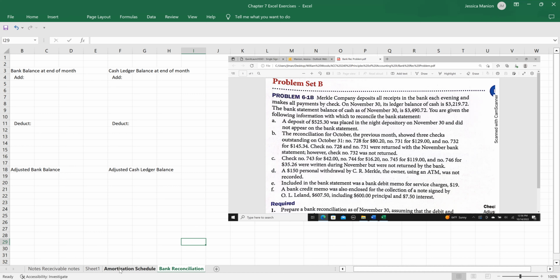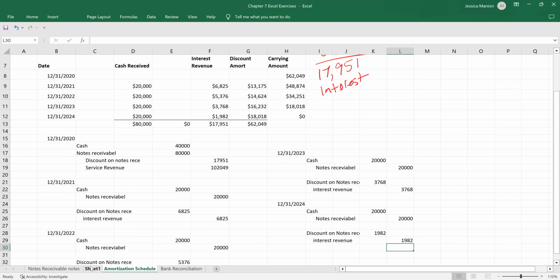Bank rec and petty cash are also discussed in chapter 7, but we covered those thoroughly in Principles. The allowance for doubtful accounts, calculating bad debt expense, and notes receivable are what is new information for us, and that's what we focused on. But if you would like to refresh your skills, there's that problem for you. Any questions about any of this while we've got it pulled up?